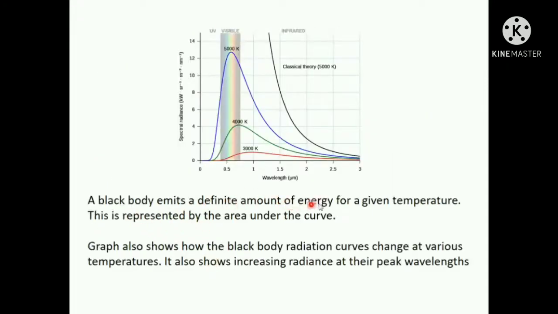Now let's have a look at the black body radiation curve. This is a curve of spectral radiance versus wavelength. A black body emits a definite amount of energy for a given temperature, which is represented by the area under the curve. This graph depicts how the black body radiation curve changes at various temperatures. It shows that with an increase in temperature, the peak radiance goes on increasing.